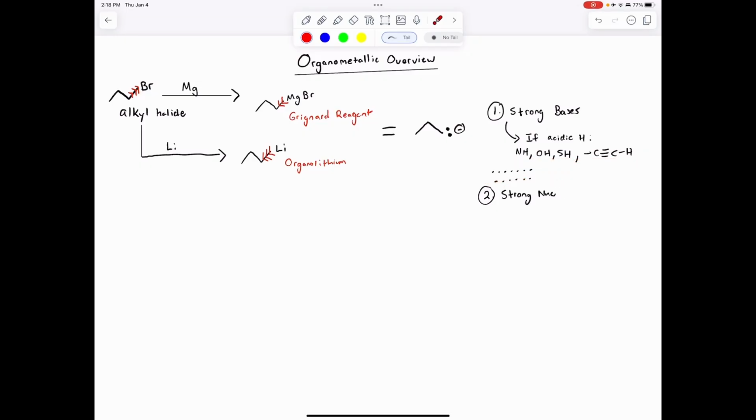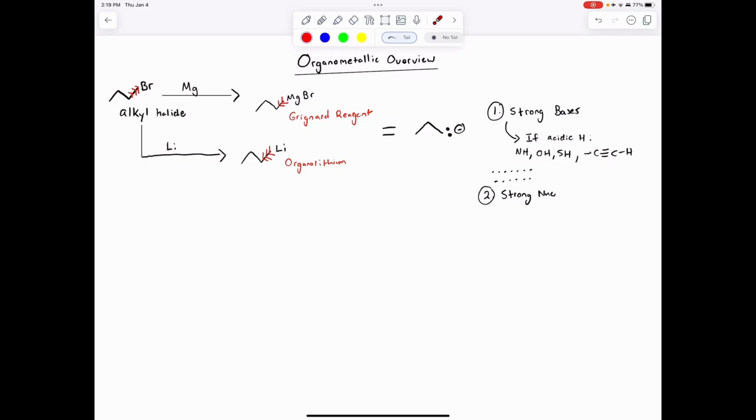And the crazy thing is that many of the reactions that you are going to be working with at the beginning of your semester 2 journey are them acting as strong nucleophiles. So your professors are going to try to trick you. They're going to throw in things that have OH, SH, or a hydrogen hanging off of a triple bond.